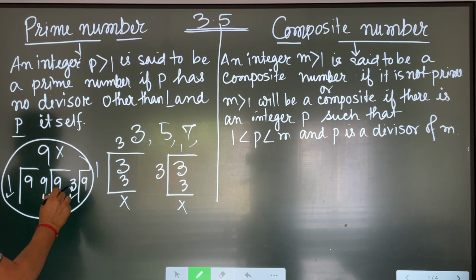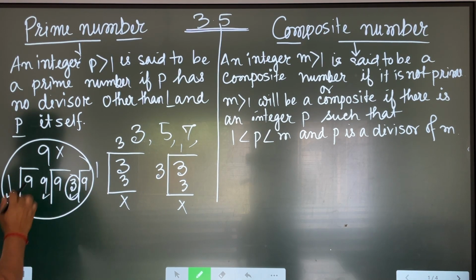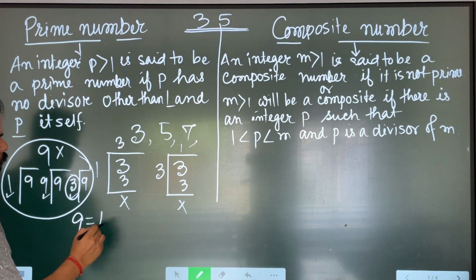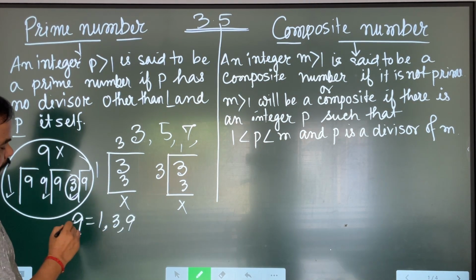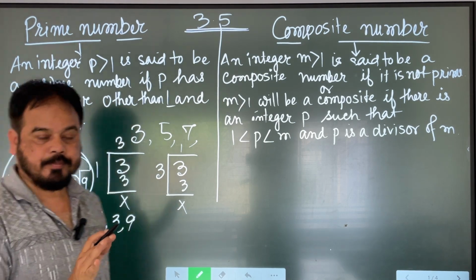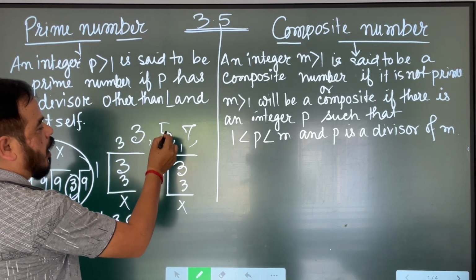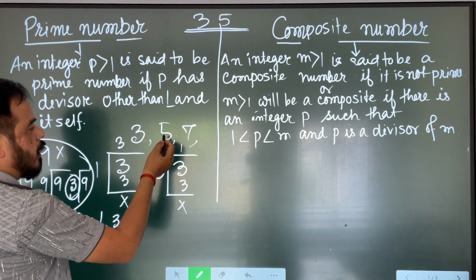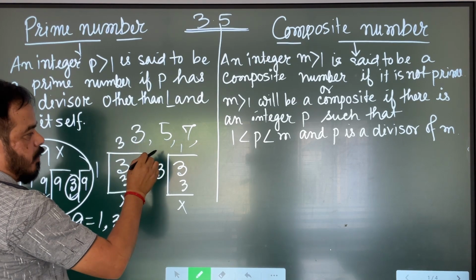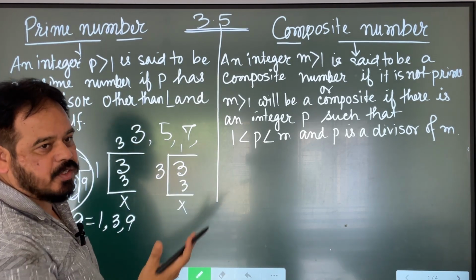1, 9 and 3 extra. 1 and 9 are okay, but 3 is extra. You can say 9 has 3 factors: 1, 3, 9, so it is not a prime number. Similarly 5: 5 can be divided by 1 and by 5, so only 1 and 5. 7 also has 1 and 7 itself.